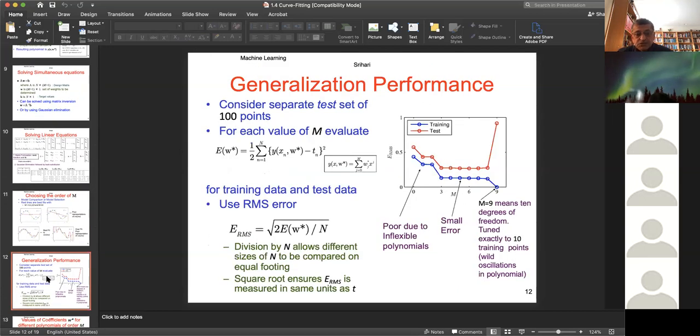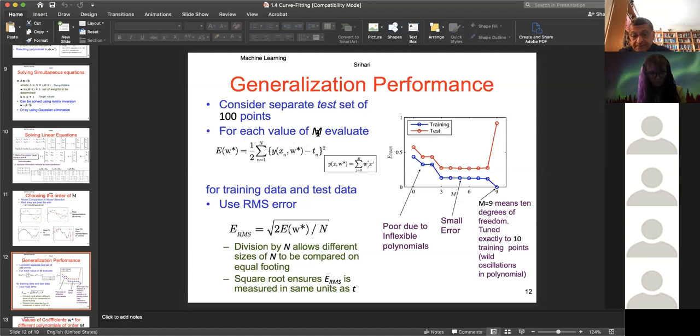Okay, so then comes the issue of how well the system is performing. I think in some of the breakout sessions you got introduced to this idea of RMS error and so on. So here, consider a separate test set of 100 points, and for each value of m, evaluate the sum squared errors.